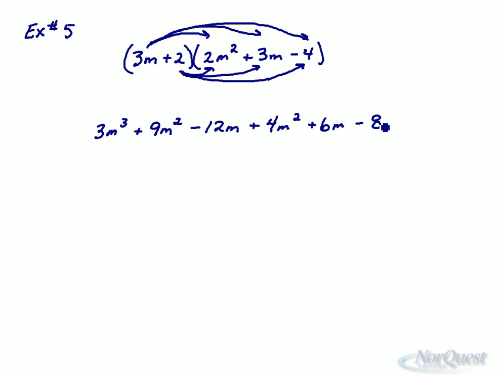Now you have to do a little bit of searching to collect like terms. There's only one cubed term, so we get 3m cubed. I have 9m squared plus 4m squared to give me plus 13m squared. Minus 12m plus 6m gives me minus 6m minus 8.